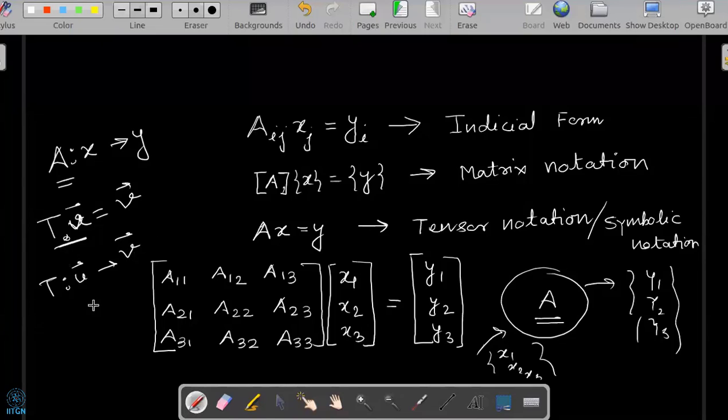All the concepts of linear algebra, more or less, are valid in this case. So the tensor is doing a linear mapping from one vector to another set of vectors, in R3 space, because we have the Cartesian coordinate system.